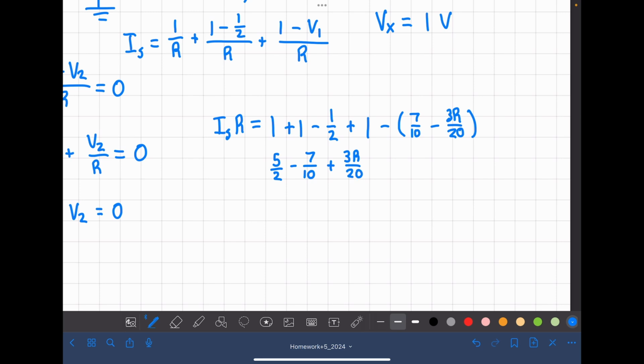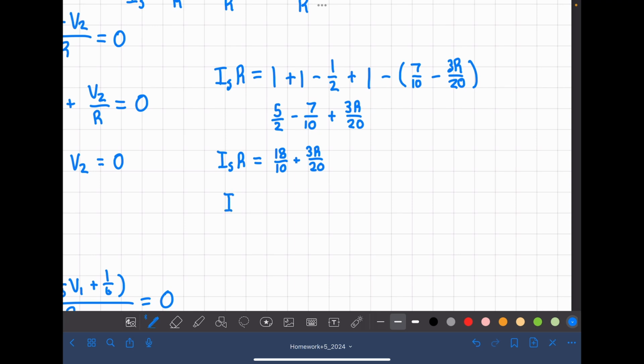So 5 halves would go to 25/10. 25 minus 7 is 18/10 plus 3R over 20, and that is all equal to IS times R. If we divide R back over, we get IS is equal to 18 over 10R plus 3/20.